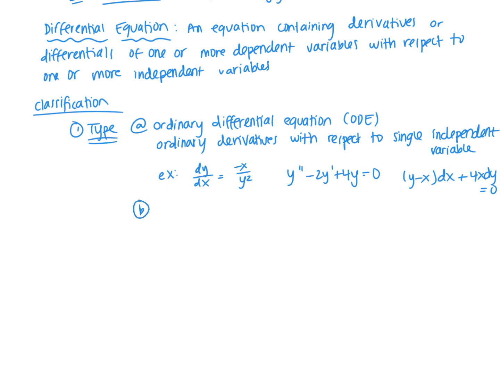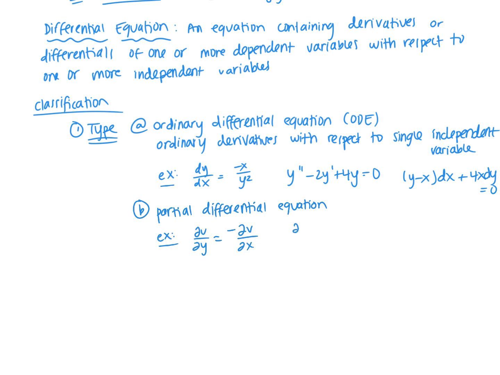Second type, like Aaron told us, is a partial differential equation. So you might have the partial of u with respect to y is equal to the opposite of the partial of v with respect to x.